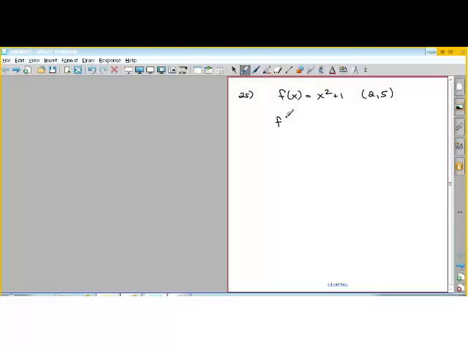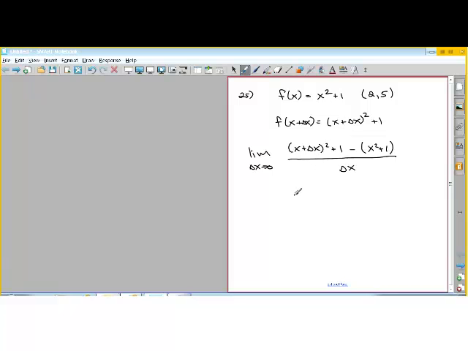Okay, so we're just continuing on like we did before. f of x plus delta x is equal to x plus delta x, quantity squared, plus 1. So the slope, the derivative, is the limit as delta x goes to 0 of x plus delta x squared plus 1, so that's f of x plus delta x, minus x squared plus 1, all divided by delta x.